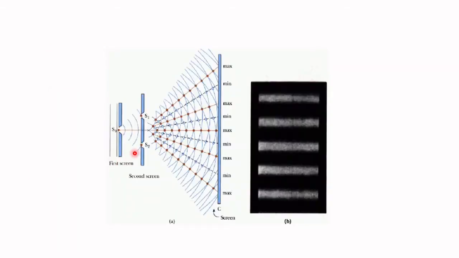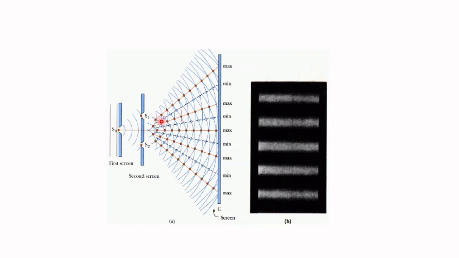Now here in this figure we have a main source S0, then there are two slits in front of it which work as the coherent sources S1 and S2. The beams of light coming from S1 and S2 will work as coherent sources. When they overlap, there will be crest overlapping crest and trough overlapping trough in some places, and in some places the crest overlapping with the trough.